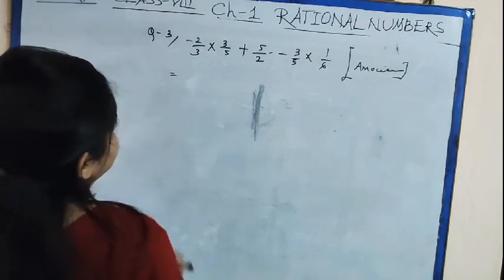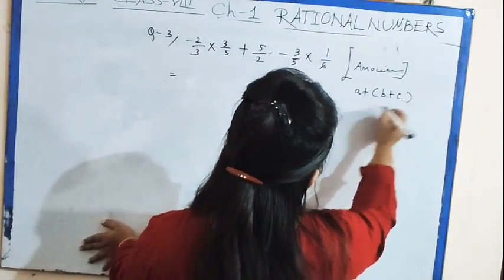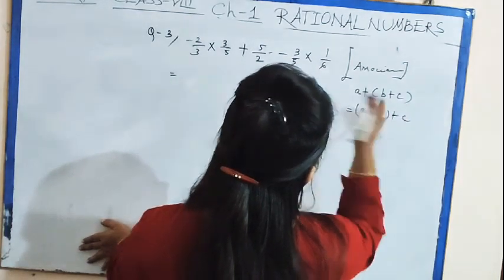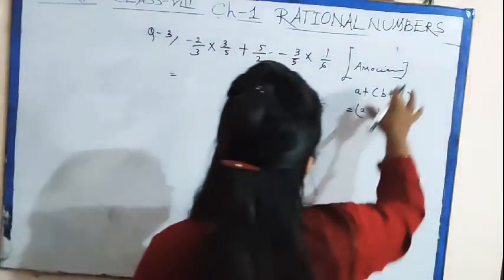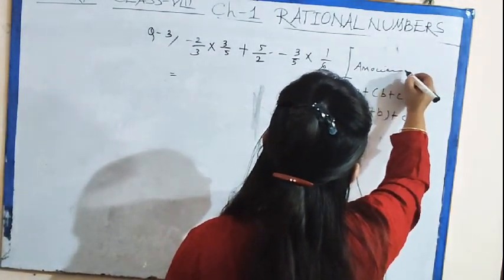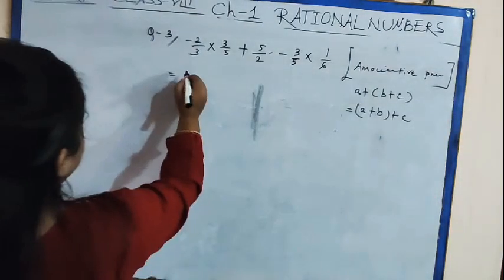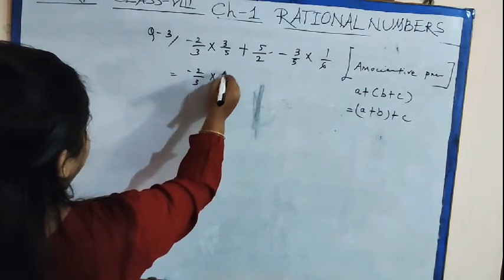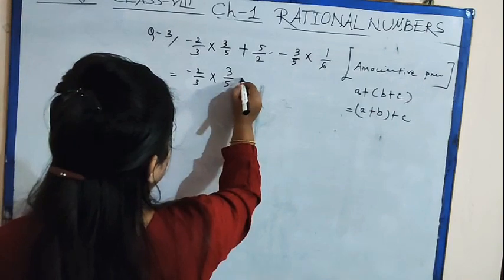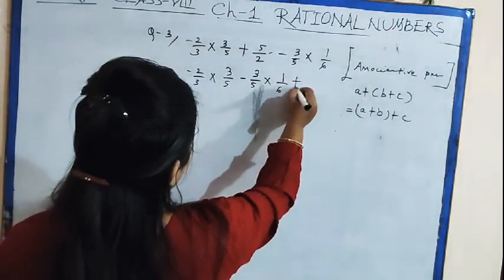You know the associative property? A plus B plus C we can write as A plus B plus C. Yes or no? You should write the property name, associative property. So minus 2 by 3 multiplied by 3 by 5, and the next will be minus 3 by 5 multiplied by 1 by 6 plus 5 by 2.